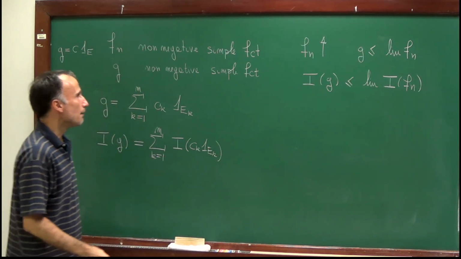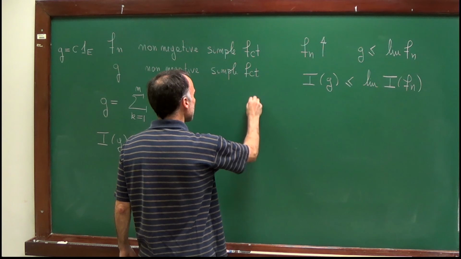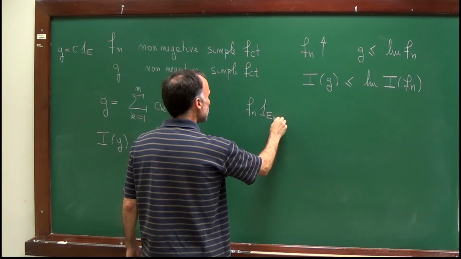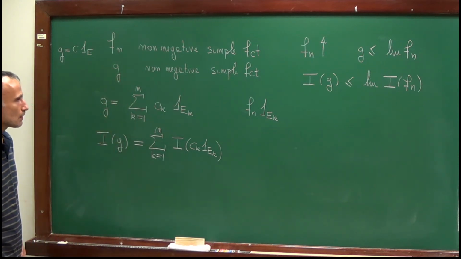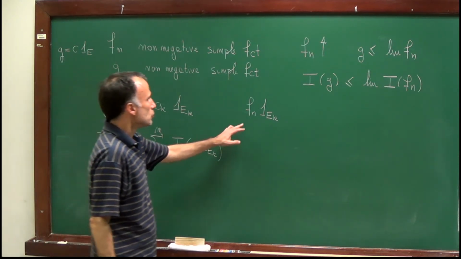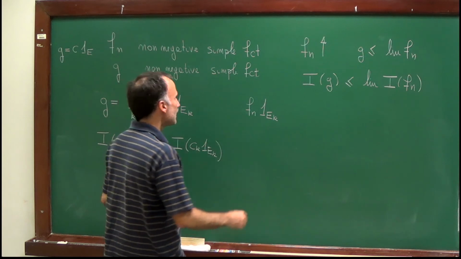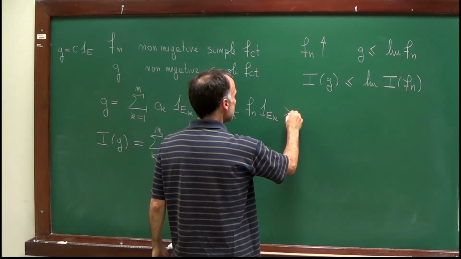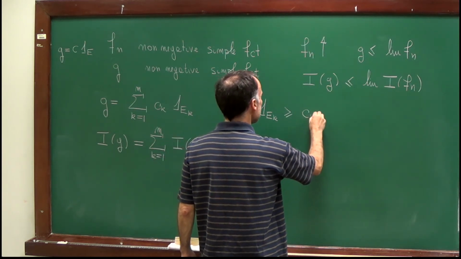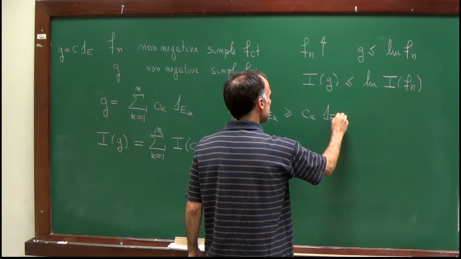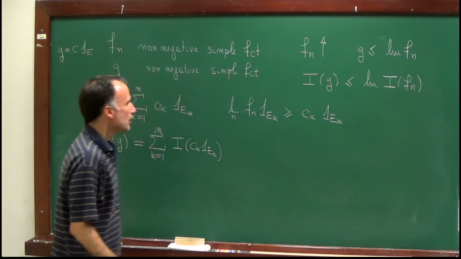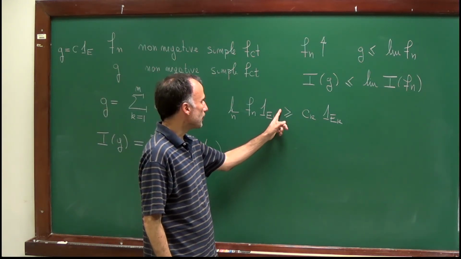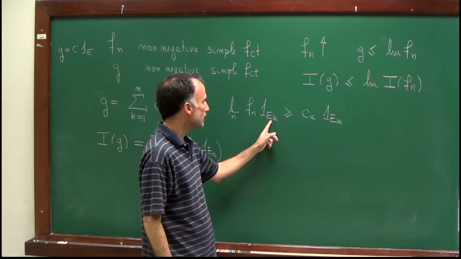But now let me consider the function fn multiplied by the indicator of the set ek. Well, what I claim is that the limit of this sequence is greater or equal than ck, the indicator of the set ek. Because there are two possibilities: take a point x, either it belongs to ek or it doesn't.